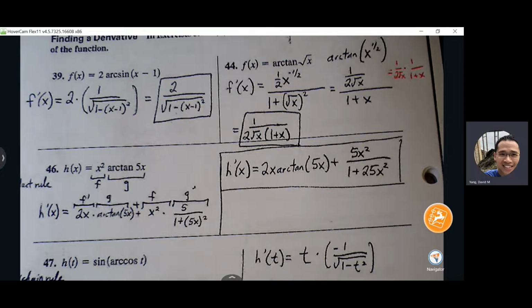Okay, 46, hopefully we recognize that as product rule and go through product rule accordingly. And 47 is similar to the one that we just did. Chain rule, sine of u becomes cosine of u times u prime.